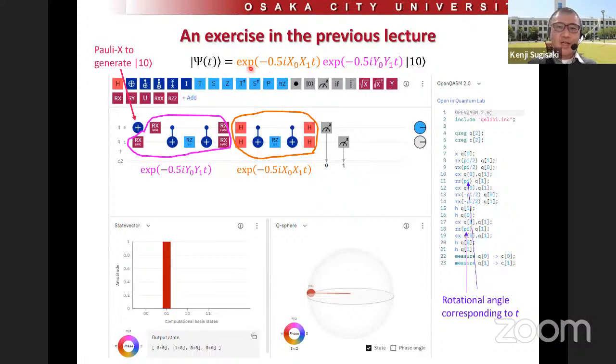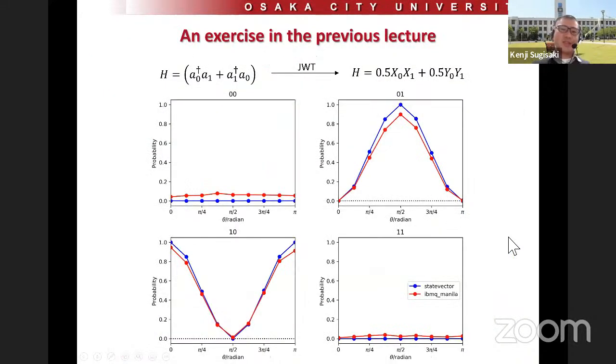Then we apply the quantum circuit corresponding to the other time evolution operator. This can be realized by applying 2 Hadamard gates, a CNOT, an RZ, a CNOT, and 2 Hadamard gates. And the results come out something like this.